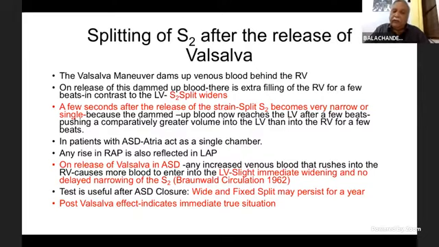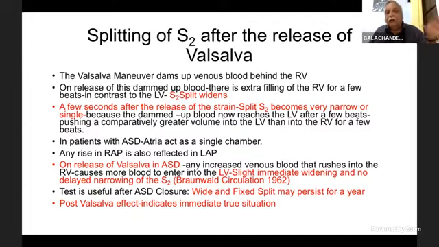And this is important to know whether the ASD is closed or not. For example, the wide fixed split of the ASD will remain even after closure of the ASD for some time. But this post-Valsalva effect, that means a slight immediate widening and delayed narrowing of the S2, is an important point. If it happens, that means there is no residual left to right shunt. We don't do it when we close ASDs, obviously.